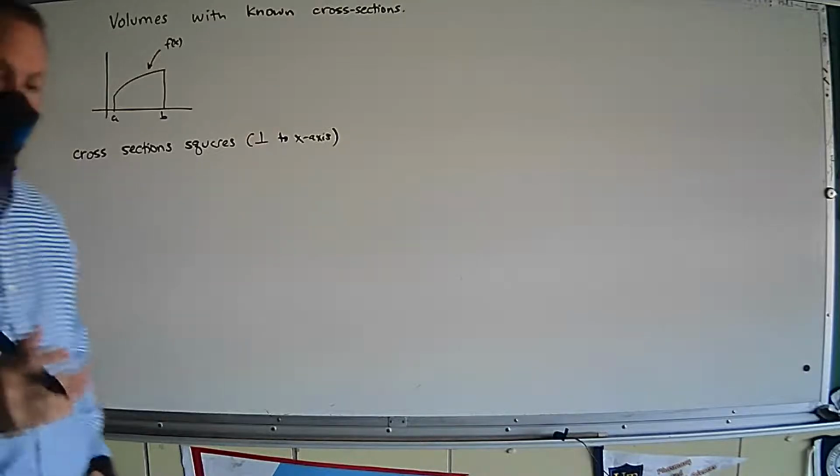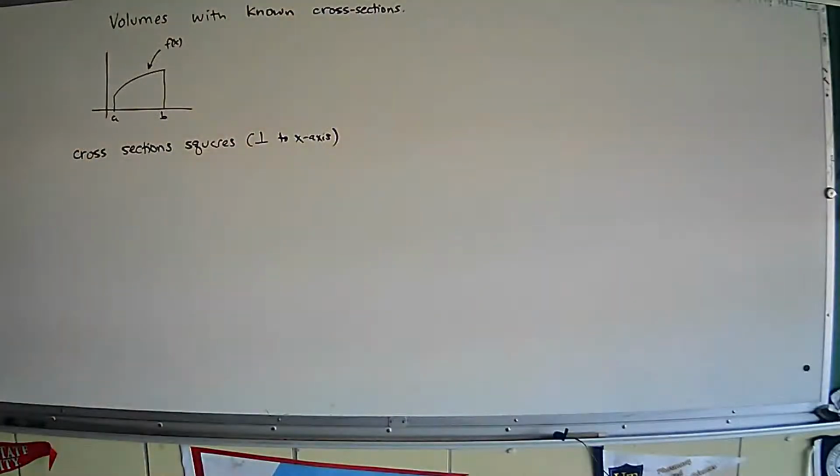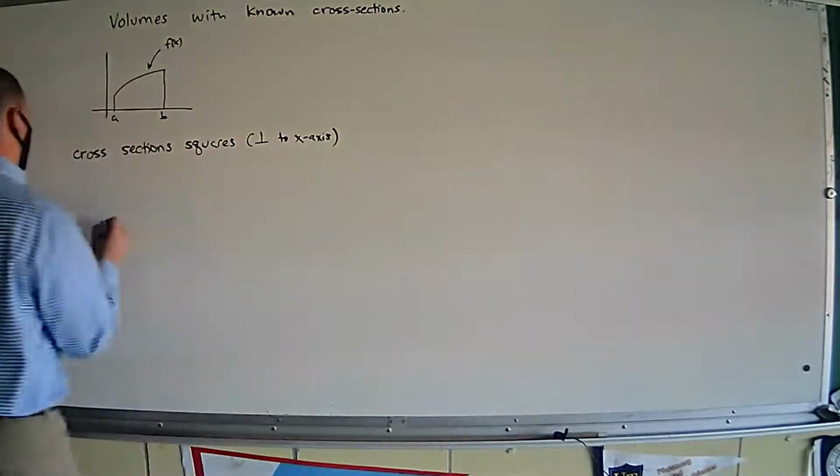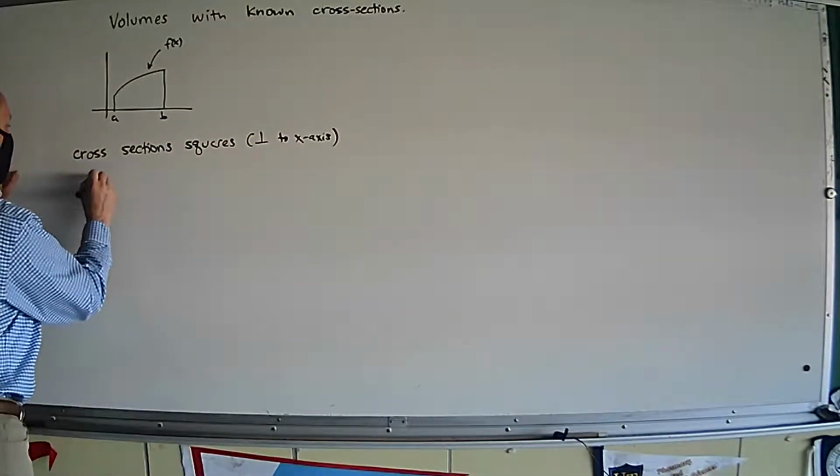So now we're going to think about this solid as a bunch of squares that are stacked like labels, side to side, perpendicular to the x-axis, and they're going to be squares. So what's that going to look like? Well, it'll look something like this.